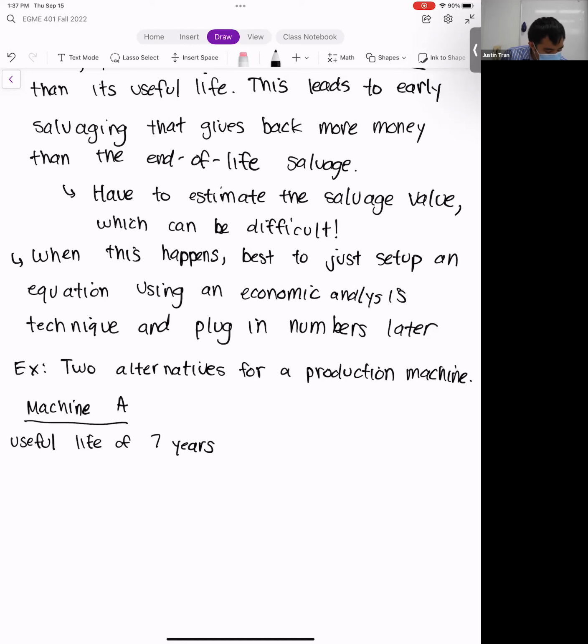Its initial cost, we don't know what it is, but we can give it a symbol. Okay. And so I'll give that symbol P sub A. And it also has an end of life salvage value, which we'll call F sub A.